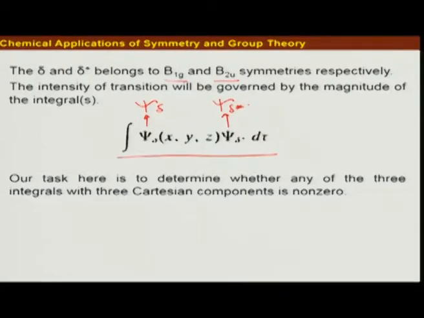This integral we can split into three different integrals involving x, y and z separately. Now we have to find out to which irreducible representation the individual x, y or z coordinates belong, or in other words, for which irreducible representation x, y or z form the basis.